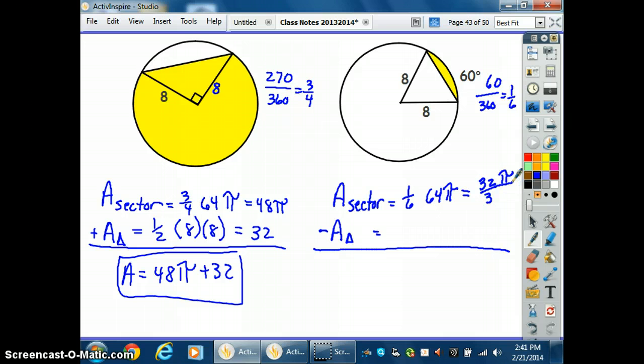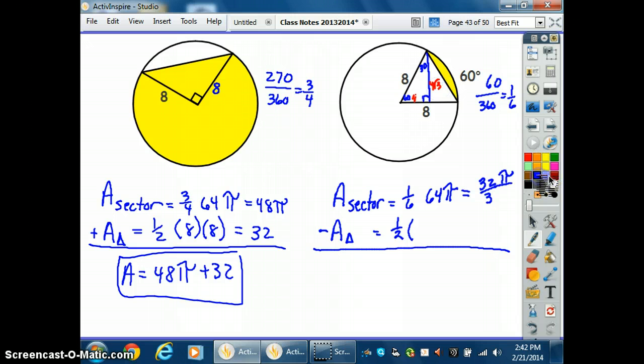And the area of the triangle, half, and the base, well, 8, but I don't know what the height is. Well, if I drop this in, oh boy, here we got an equilateral triangle. If this is 90, this is the 60-degree angle. Here's the 30. All right, this is 4. And the height of this triangle is 4 radical 3.